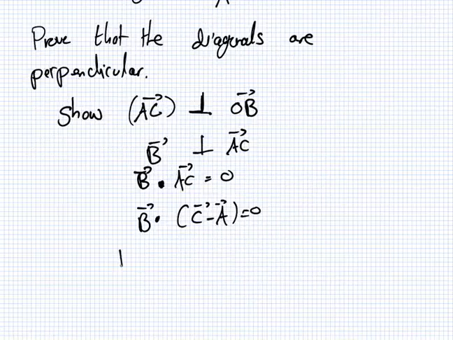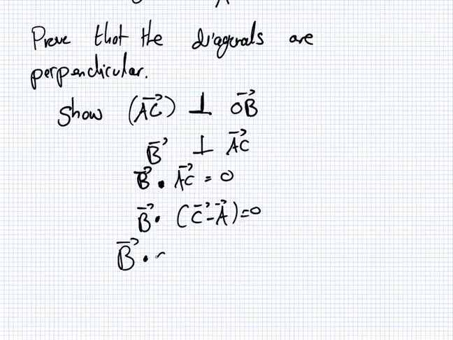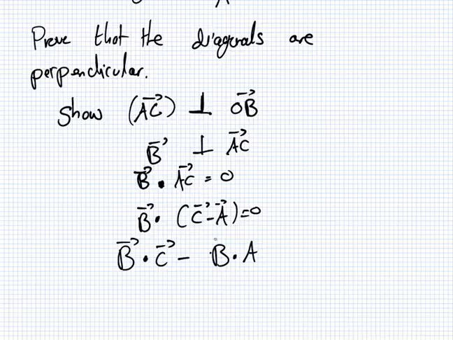So we need to show that B dot C minus B dot A equals 0. Why is C minus A? Oh, you know this. C minus A is like AC. I knew you knew it.